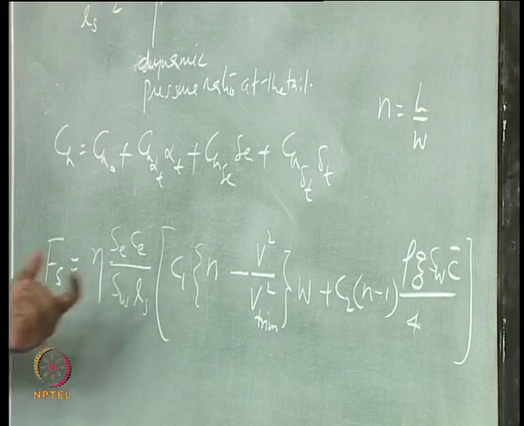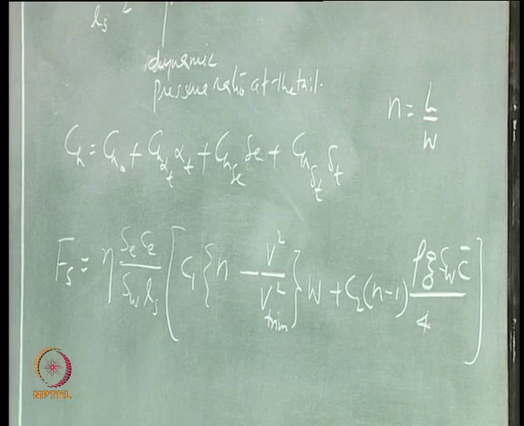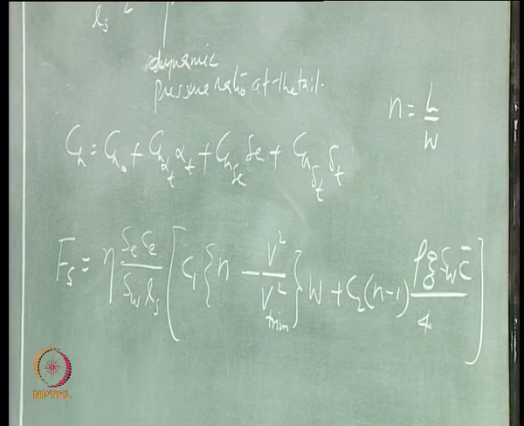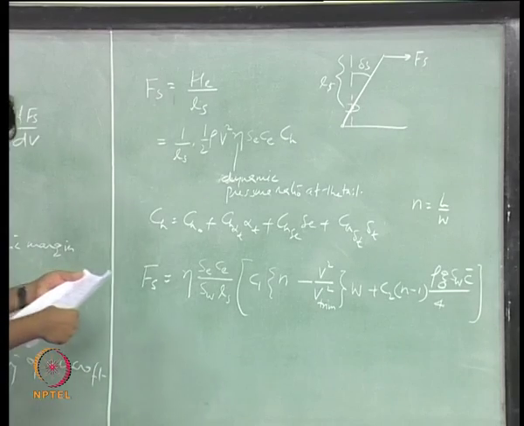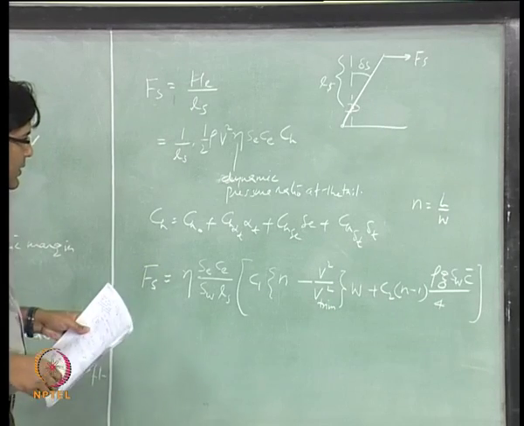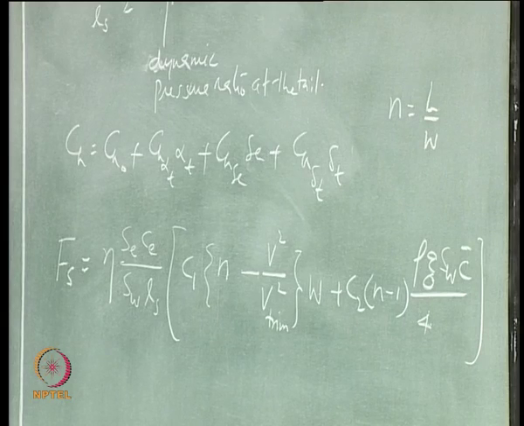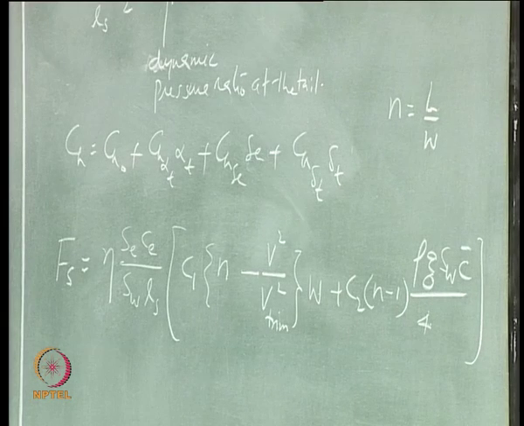Actually there is a nice derivation which gives you this, okay. So this expression has been derived, this is not an empirical relation, okay. So what we have to do, we have to find out what this derivative is, okay.